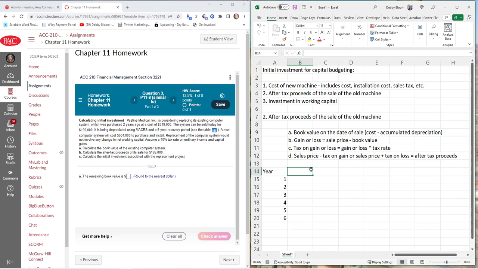Now each year I'm going to have my cost. My cost is going to stay at $319,000. I'm going to look up my MACRS percentages from the table. I actually know them by heart, but I'll look them up. So the cost multiplied by the MACRS percentage is going to be the depreciation expense each year.